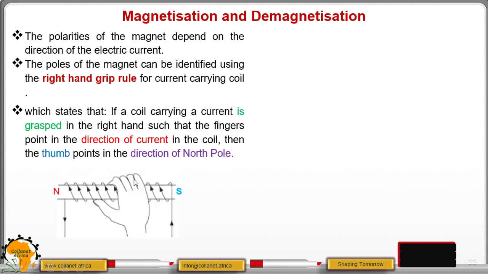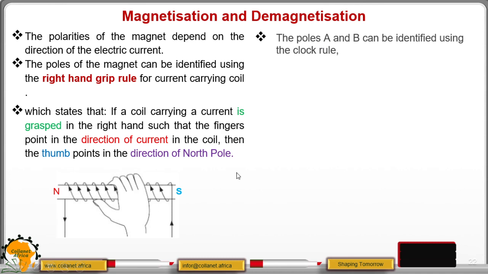The four fingers are pointing in the direction of current. Remember, we are grasping the solenoid. Make sure that the four fingers are pointing the direction of the current. Then the thumb will point the direction of the north pole. So that way you are able to identify the poles of that magnetized material.